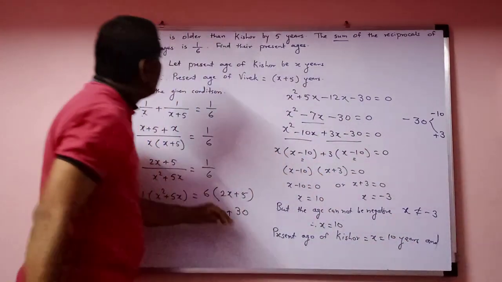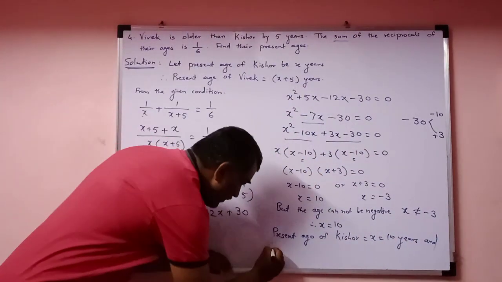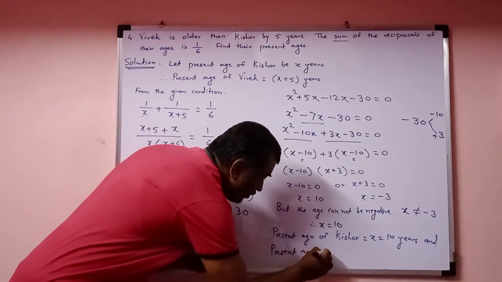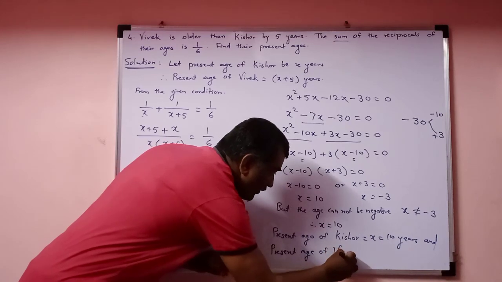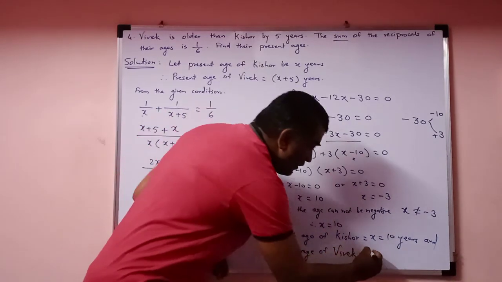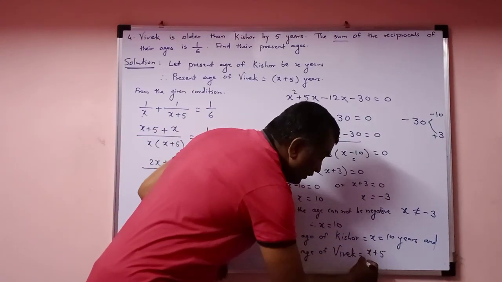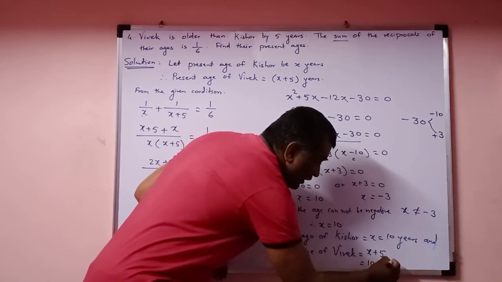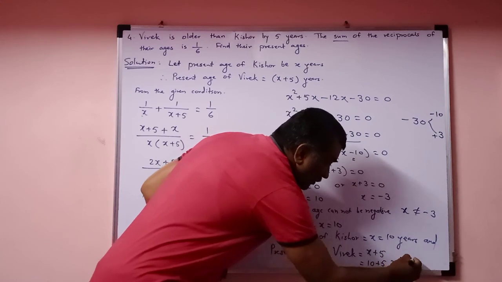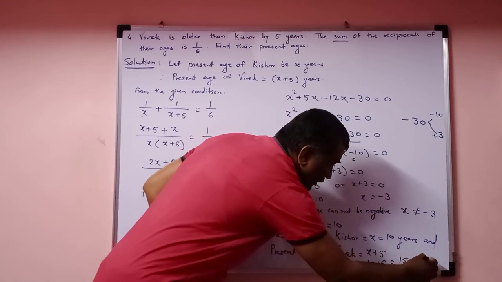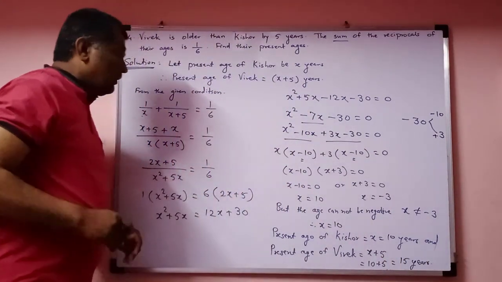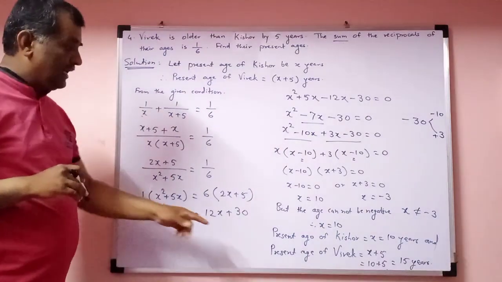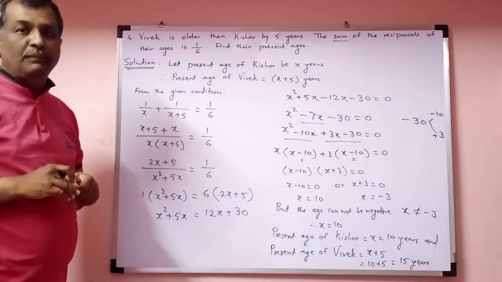And present age of Vivek is equal to x plus 5 is equal to value of x 10 plus 5. 10 plus 5 is equal to 15 years. Right answer. Present age of Kishore is equal to 10 years and present age of Vivek is equal to 15 years.